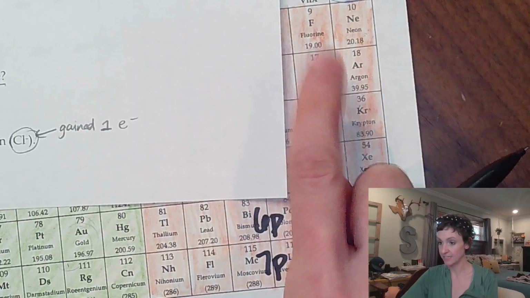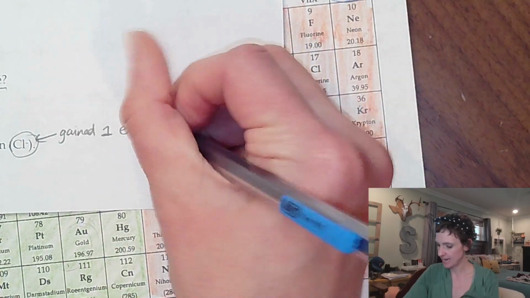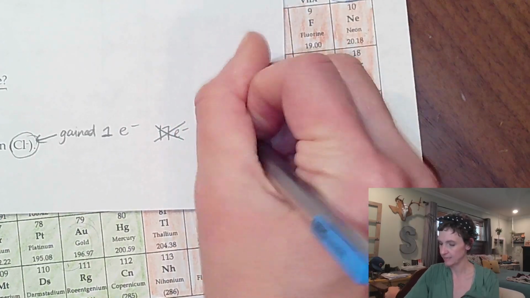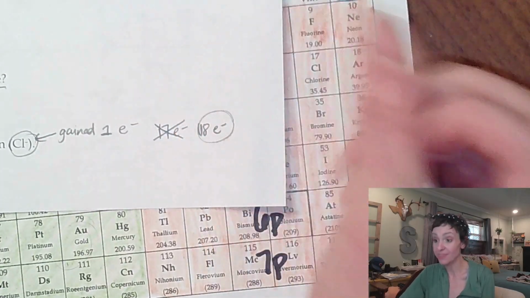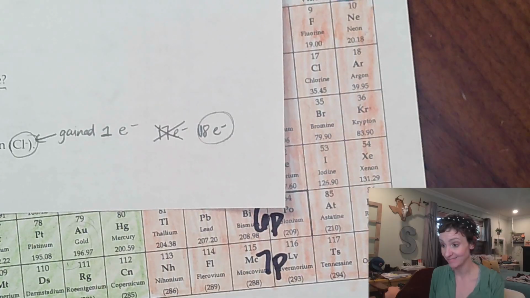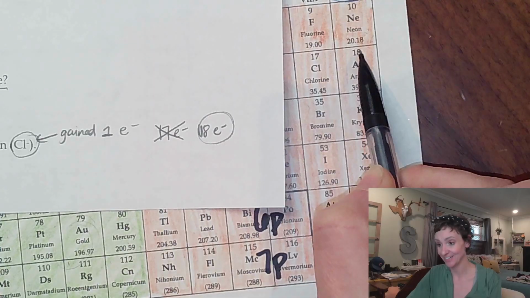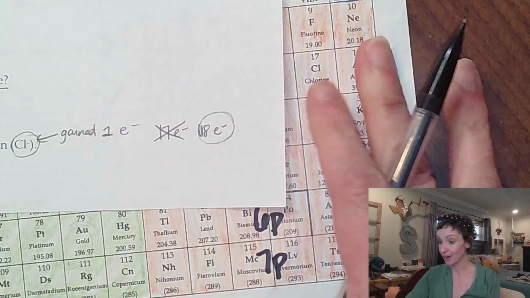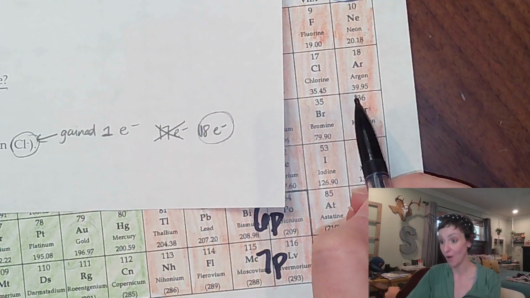So normal neutral chlorine has 17 electrons. This one does not have 17 electrons. It has 1 more than that. It has 18. So I'll be writing the configuration for an element that now has 18 electrons. Well, guess what? Neutral argon also has 18 electrons.